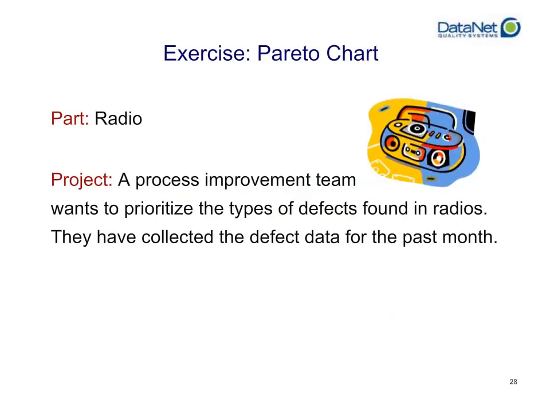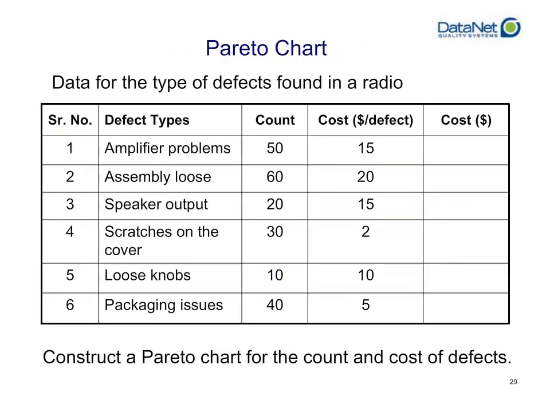In this example, a process improvement team wants to prioritize the type of defects found in radios. They have collected the defect data for the past month. Data for the type of defects found in a radio are listed in the check sheet below. In this case, just like we did in the example that we did together, we have amplifier problems, assembly loose, speaker output, scratches on the cover, loose knobs, packaging issues.